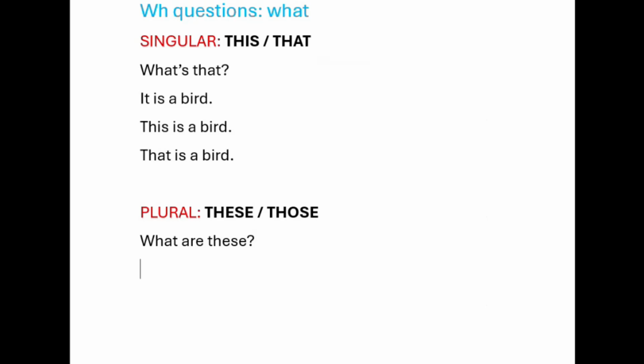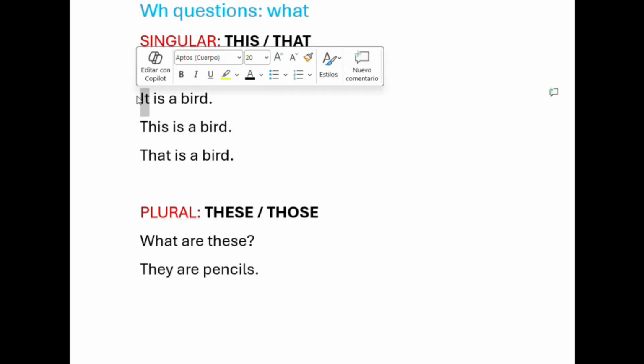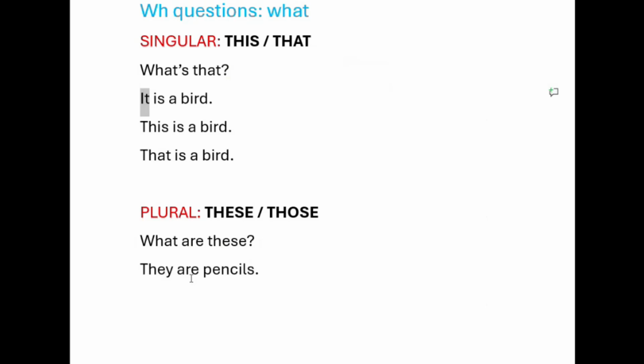They can answer like this, they are pencils. Is another example, right? They are pencils. In this case, we are using they. Why? Because they is the plural form of it. You remember the verb to be in the previous classes? Okay.